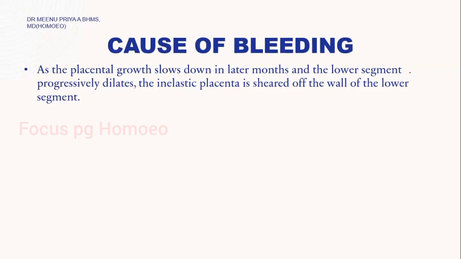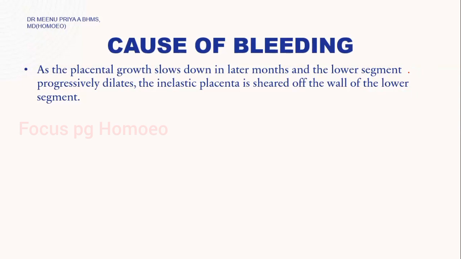This was discussed earlier in one session, the third stage of labor, and the mechanism of separation of the placenta. When labor is approached and the woman is in labor, placental growth will slow down, because labor means the expulsion of the fetus.